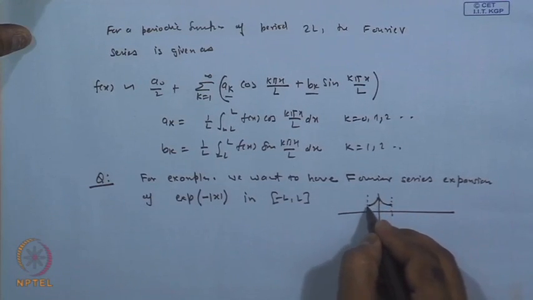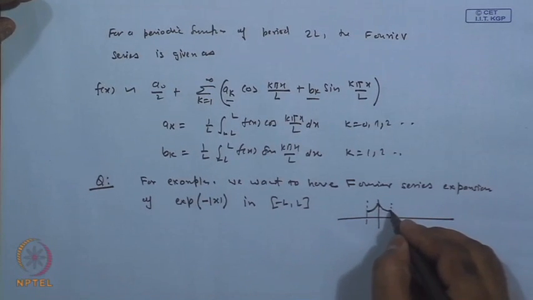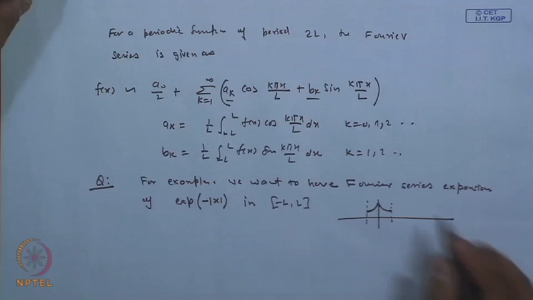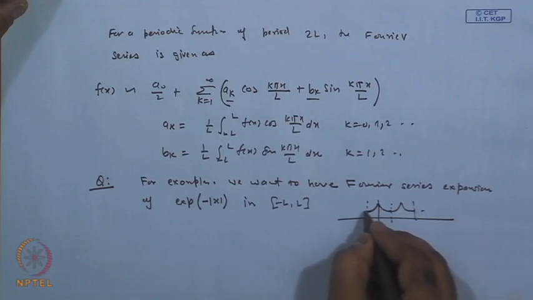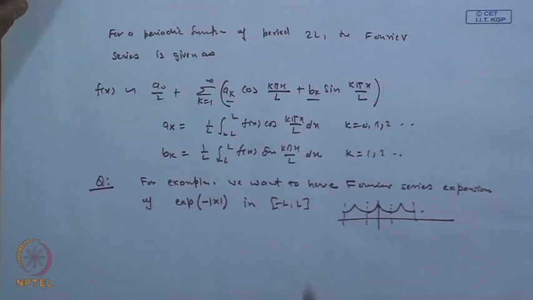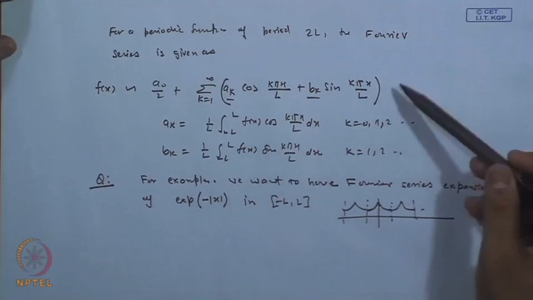To get the Fourier series of this function, we go for its continuation as a periodic function, and so on to this side as well, and then we find the Fourier series as given here.